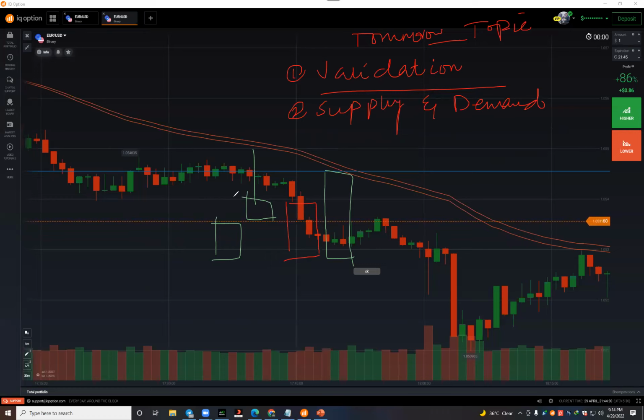Sir, this green candle is a weak candle. So this SNR will be a weak SNR. Very good. Yes, it will be a weak SNR. And I am drawing now, sir.